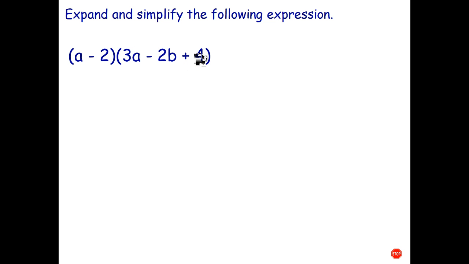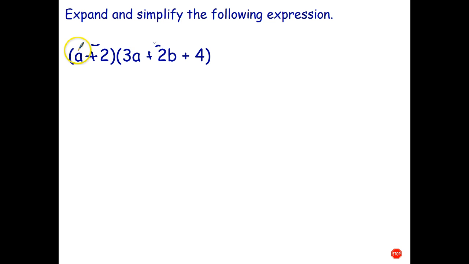Now you're going to start the question the same way as we did the previous one, which is every subtraction becomes an addition. So we have minus 2 becomes plus negative 2, minus 2b becomes plus negative 2b.